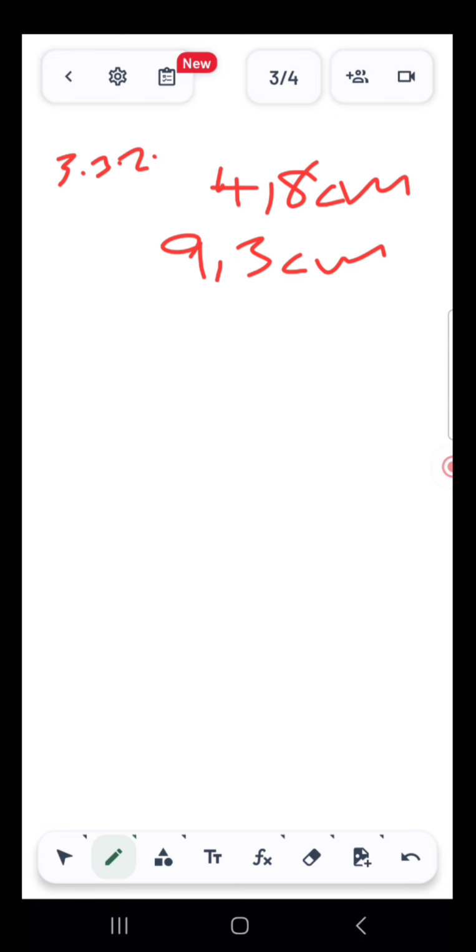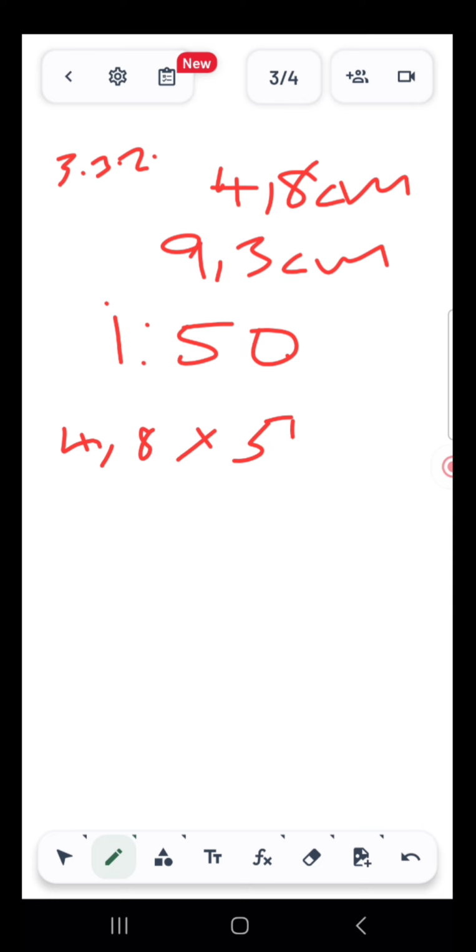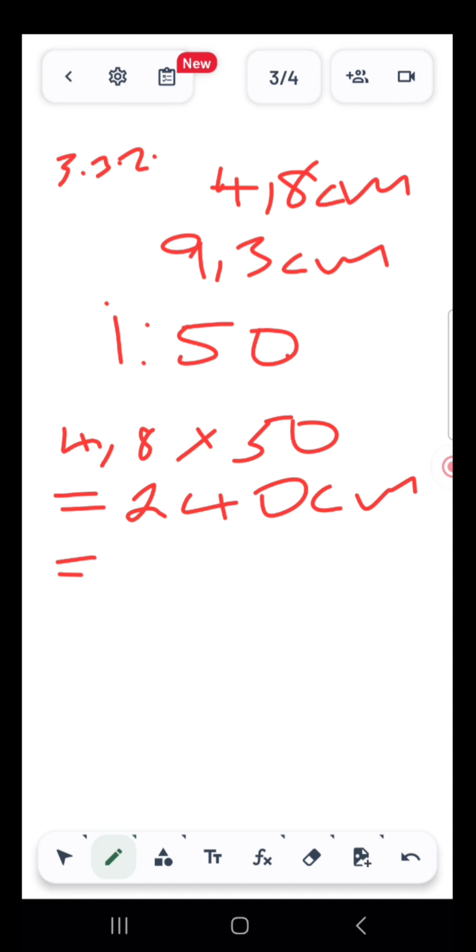We already know what 1:50 means: for every 1 centimeter we have 50 units. So 4.8 will be multiplied by 50 to get the real units, which will be 240 centimeters. Divide this by 100 to make it meters, because the answer must be in square meters, which is 2.4 meters.